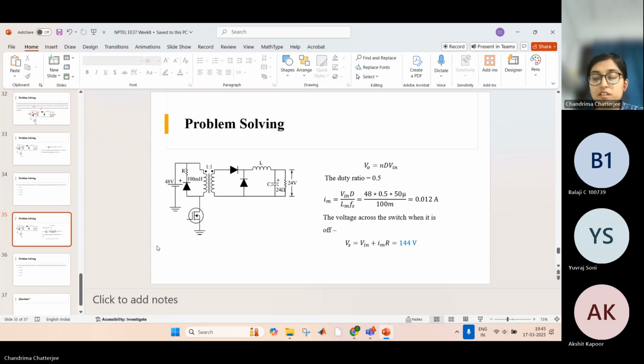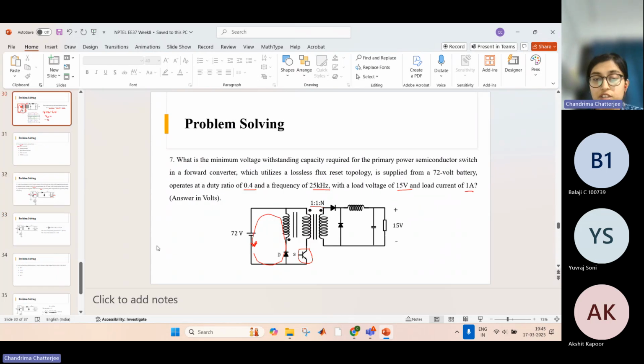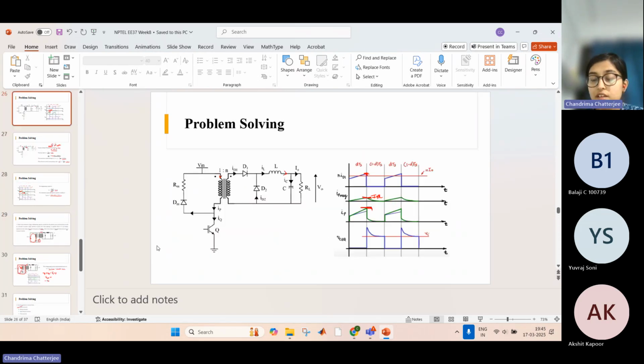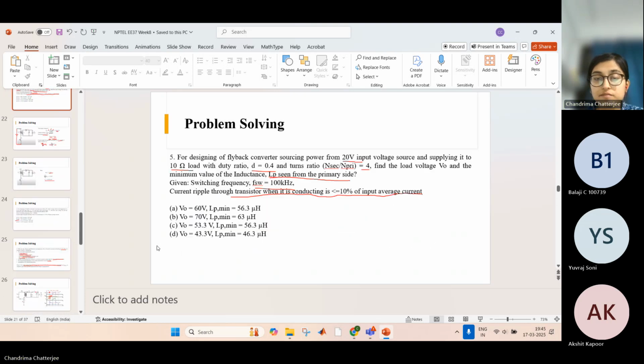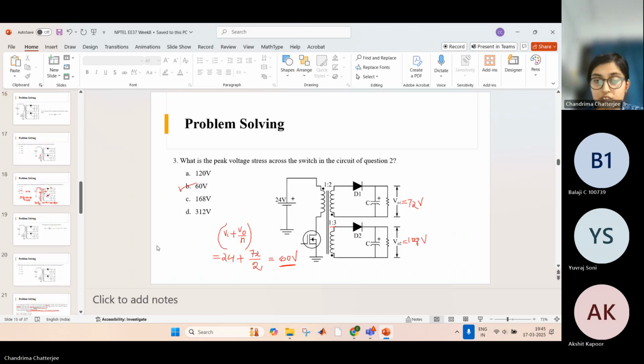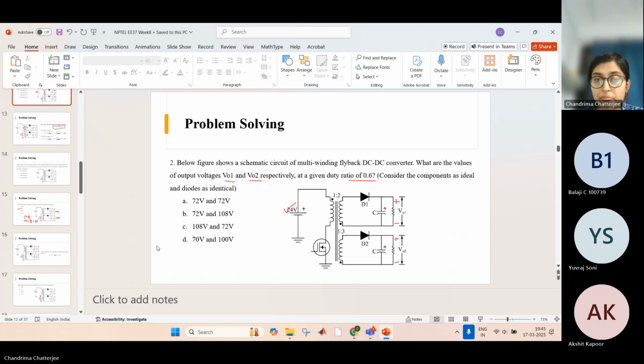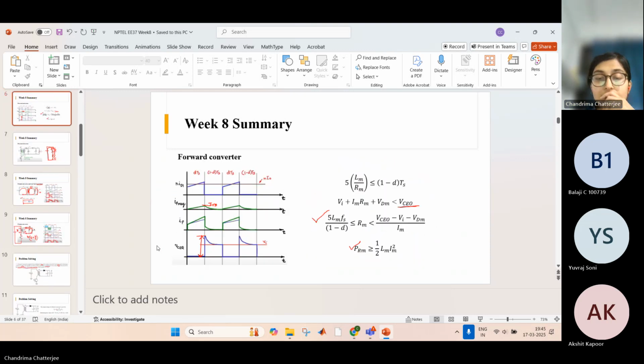Okay. So we discussed these equations. From here only we can, yeah, these equations. So this first equation, the second one, and from here we got this relation for Rm, and this Vi plus IMRM plus VDM, this was the voltage across the switch.